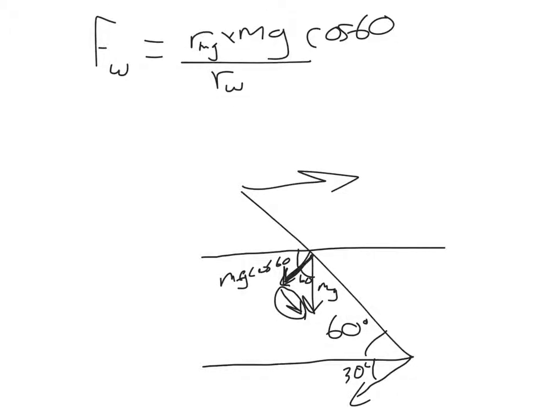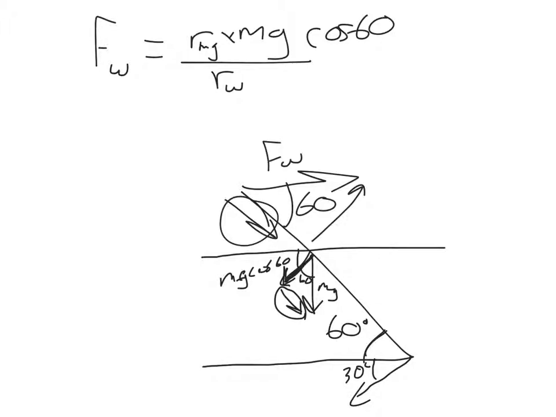Now, this may be a little easier, because if that angle is 60, then this angle is also 60. So if I split this force into its components, the hypotenuse is the wall force, and then I have this component and this component, but this is the one that doesn't cause the torque, and so this is a sine.